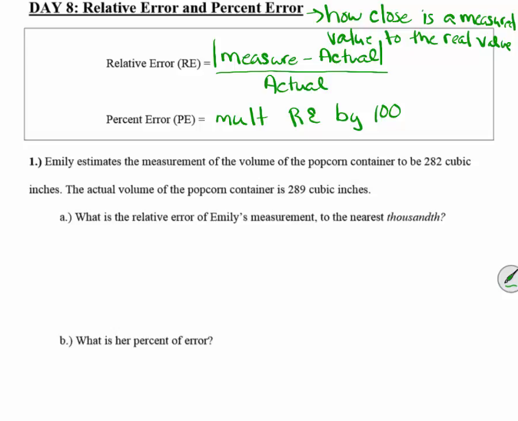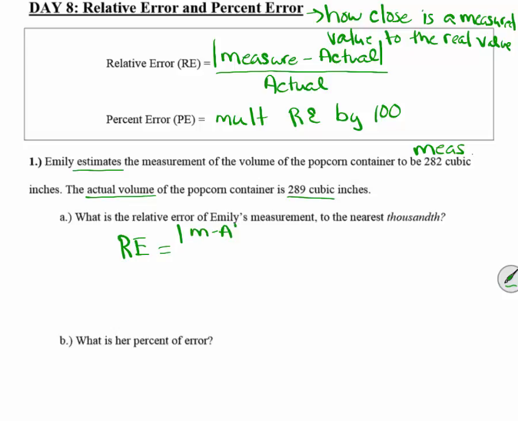Emily estimates the measurement of the volume of a popcorn container to be 282 cubic inches. So her estimate, this is the measured. The actual volume is 289. So we want to know what is her relative error. So relative error equals the absolute value. I'm going to just use letters.